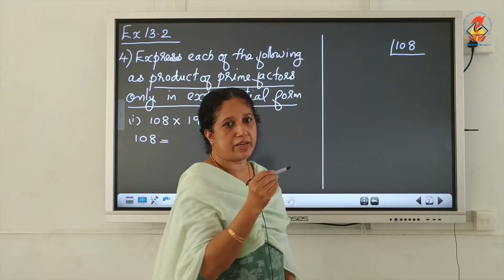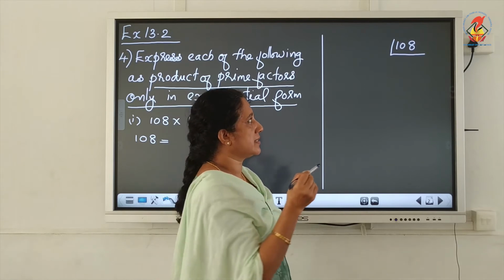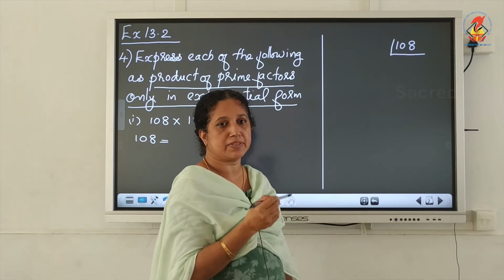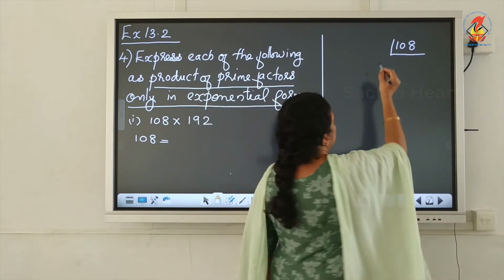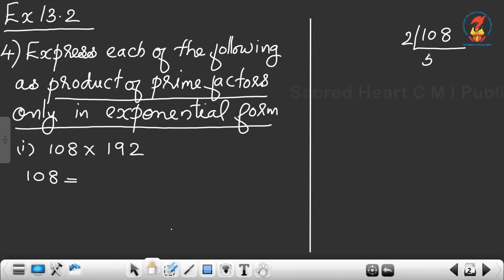108 is an even number, so you can start the factorization with the prime number 2. 2 fives are 10, 2 fours are 8. Again with the 2, 54 is an even number, so we can divide 54 by 2. 2 twos are 4, 2 sevens are 14.